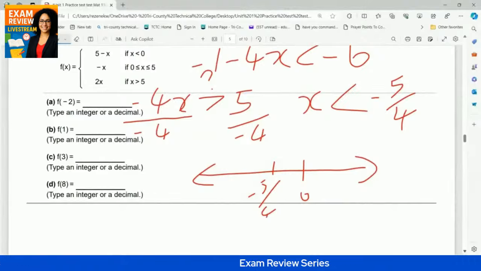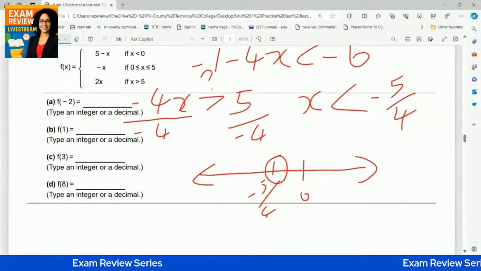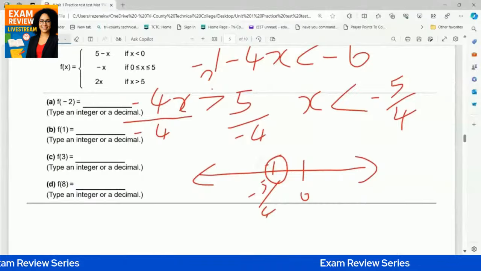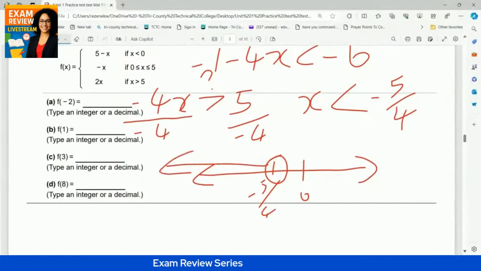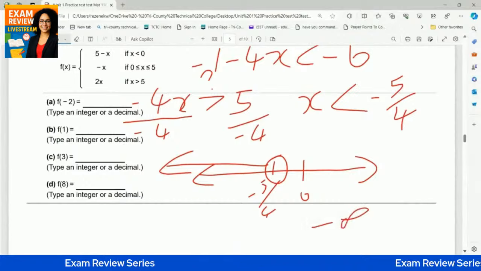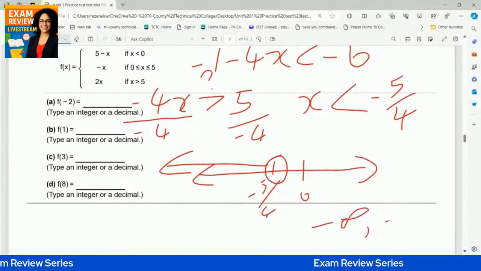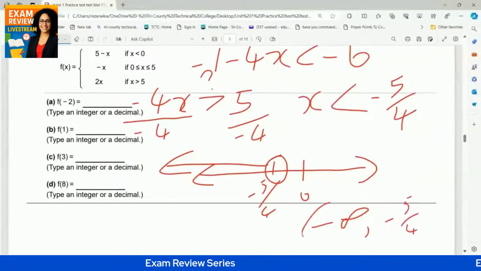Remember the question says less than, so this is open. Then to negative infinity. You could also be told to write your answer in interval notation, no problem. Remember, infinity cannot be closed brackets, so negative infinity, comma, negative 5/4. Both sides are parentheses. All right.